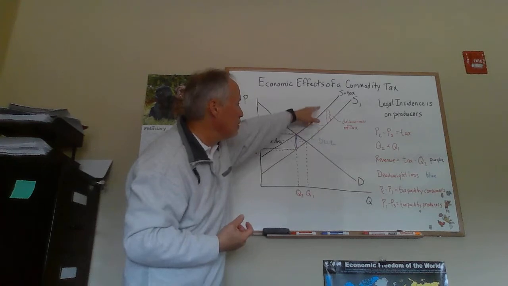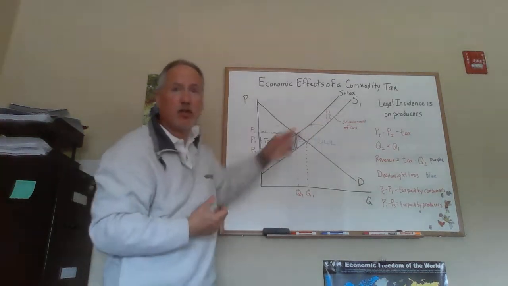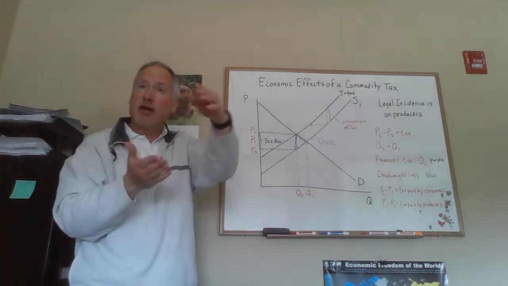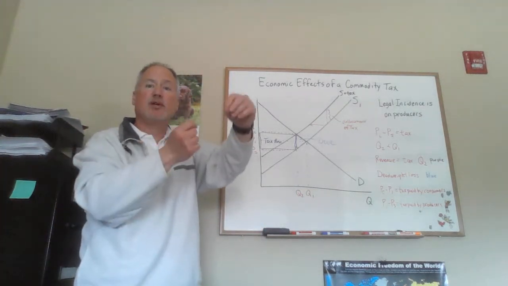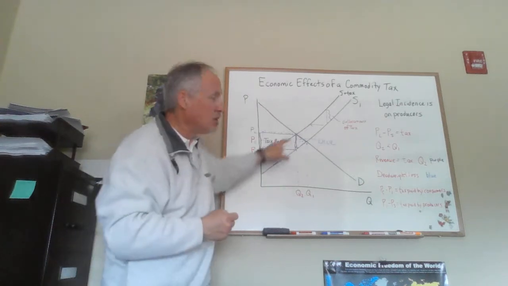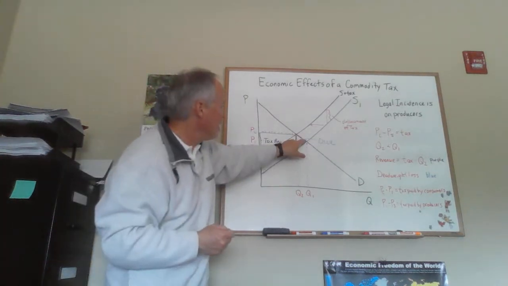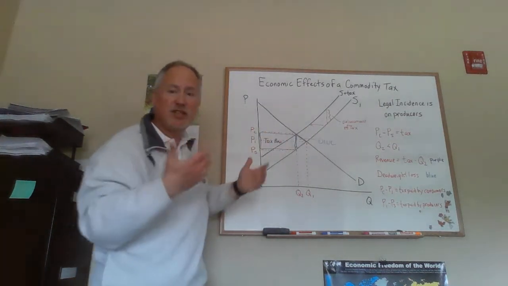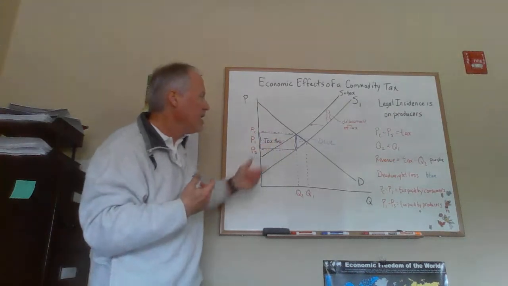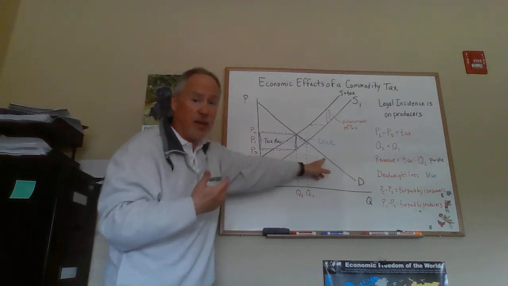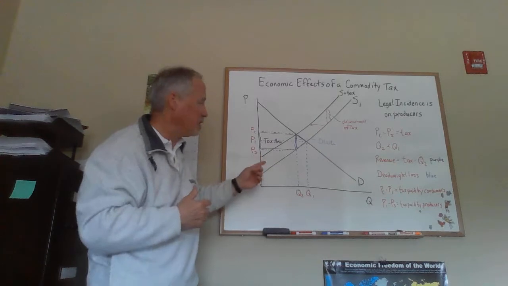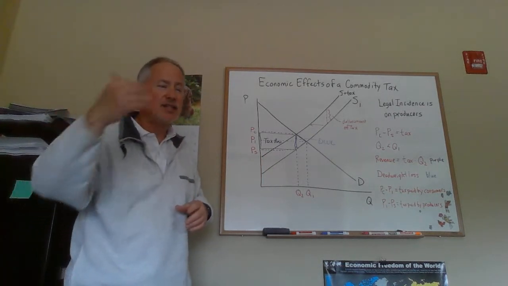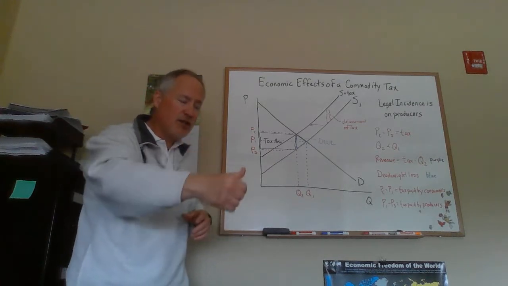In one sense, they do, because the shifting of the supply curve shows that to supply any given quantity of gas, they would now need to receive 50 cents more per gallon than they would have before. That's what the shifting of the supply curve shows. But the equilibrium price does not go up by the full amount of the tax. It only goes up by an intermediate amount because of the shape of the demand and supply curves. So a portion of this tax gets shifted to the consumers.